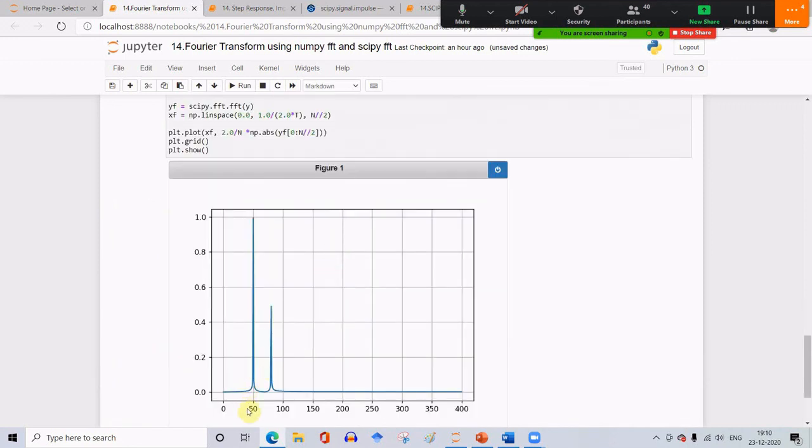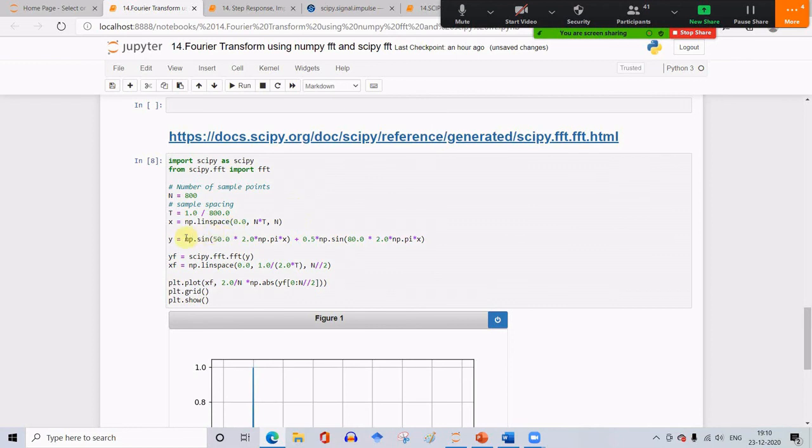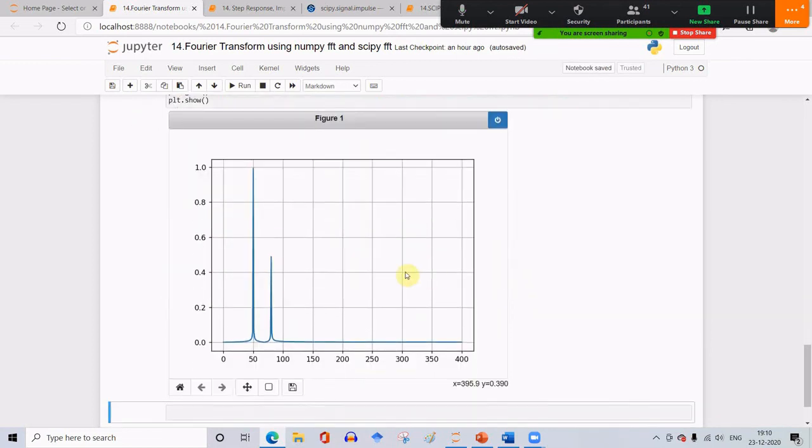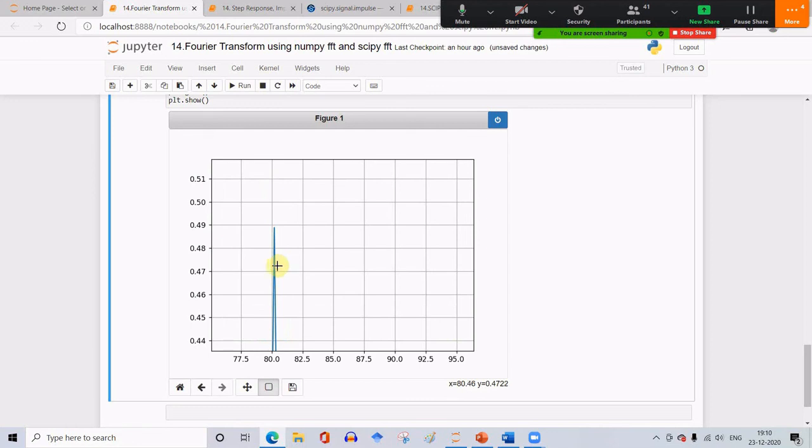So now I said I have two frequencies. One is 50 and the other one is 80. At 50 the magnitude is 1 and at 80 the magnitude is 0.5. So at 50 it is clear. At 80, let me enlarge this.